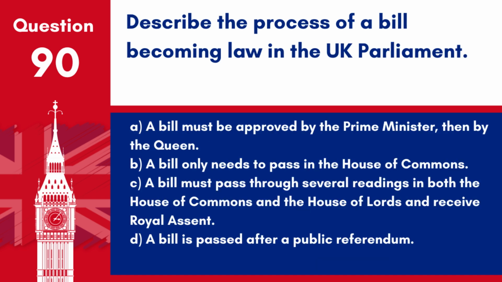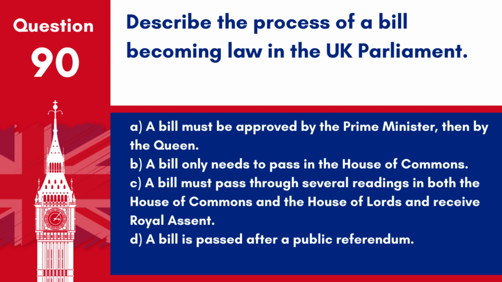Question 90. Describe the process of a bill becoming law in the UK Parliament. A. A bill must be approved by the Prime Minister, then by the Queen. B. A bill only needs to pass in the House of Commons. C. A bill must pass through several readings in both the House of Commons and the House of Lords and receive royal assent.